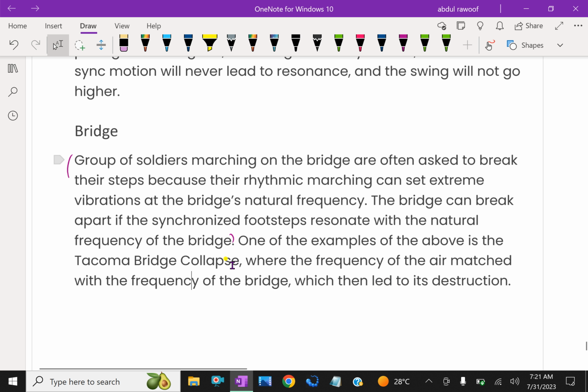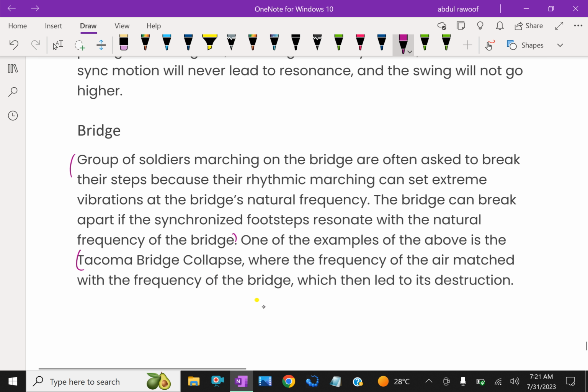It may collapse the bridge. One example of the above is the Tacoma Bridge collapse, where the frequency of the air meshed with the frequency of the bridge, which then led to its destruction.